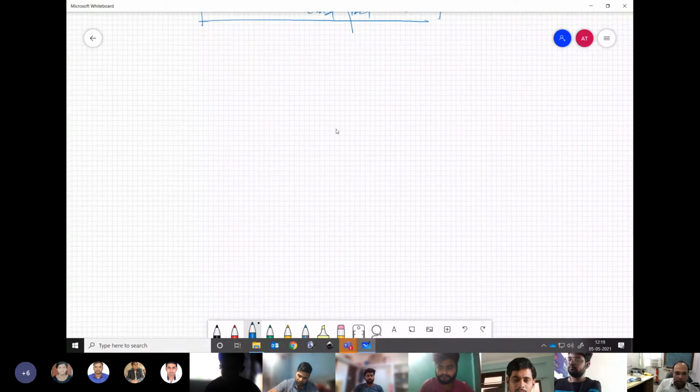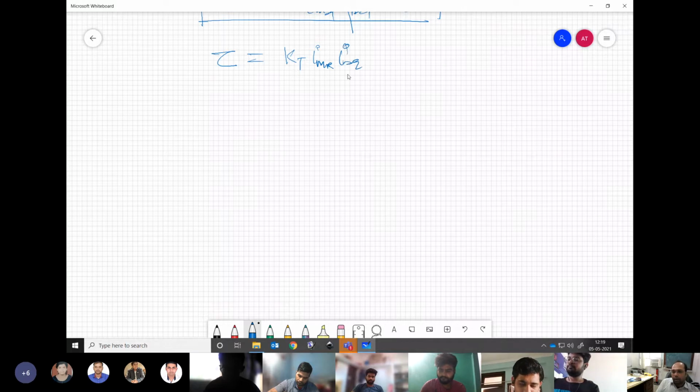We know very well that our torque is dependent on some kT times, let's say IMR and ISQ. This is our torque. Our IMR is something which is a function of ISD.